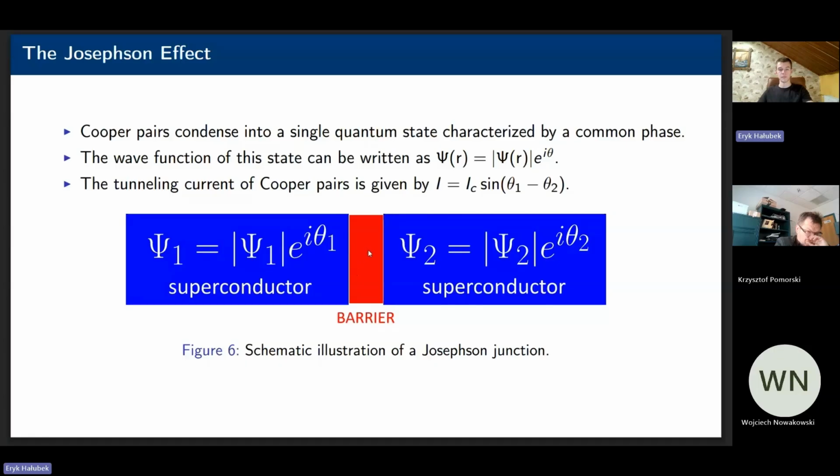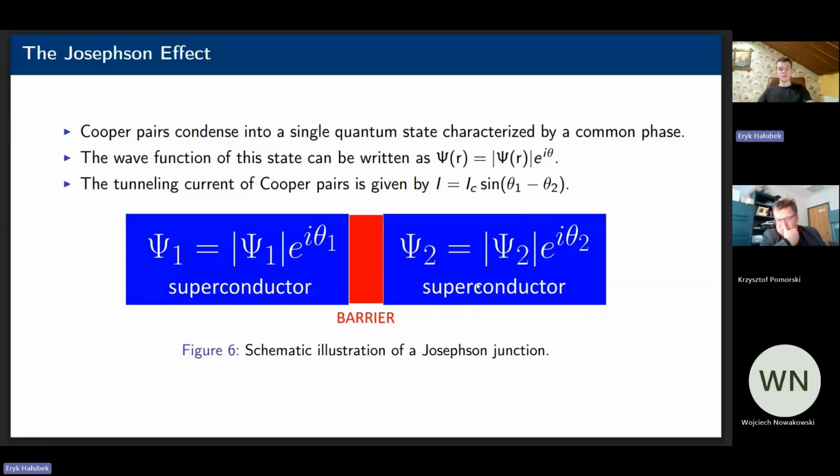If we imagined a blue piece of superconductor here instead of this red barrier, but just in the form of a constriction, that would be a weak link Josephson junction. There's also another type of Josephson junction where this barrier is just an aluminum oxide layer. This is the tunnel junction.